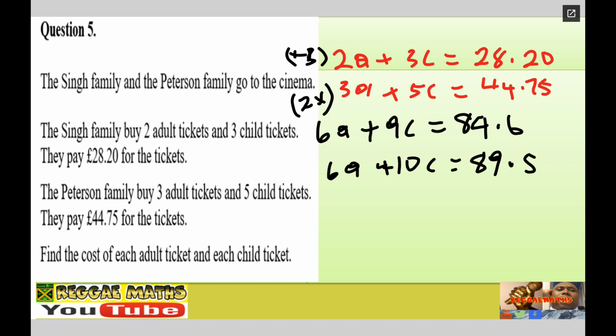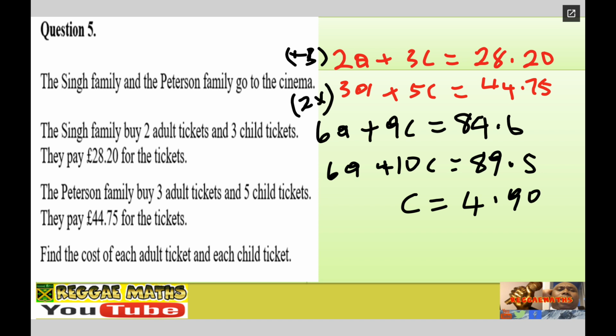I'm going to subtract the smaller equation from the bigger one to eliminate a. So 6a from 6a, that goes. 9c from 10c, that leaves me with 1c. So c equals 4.90.